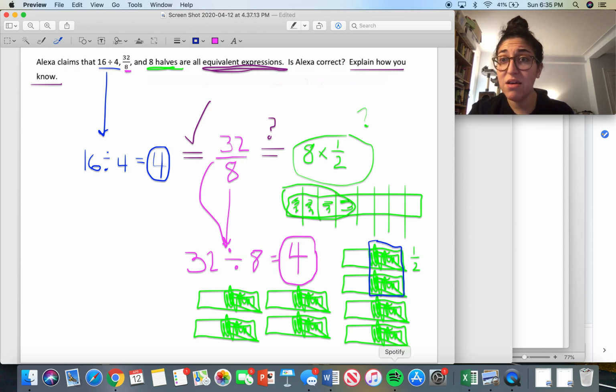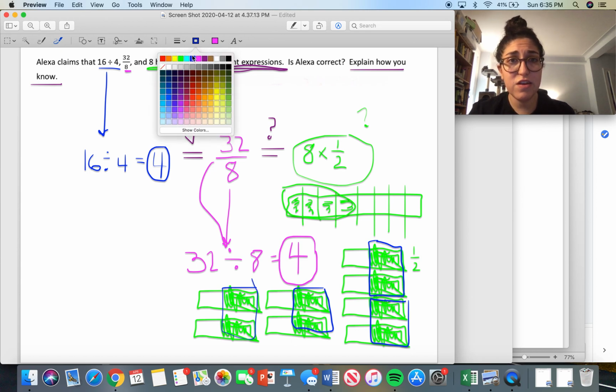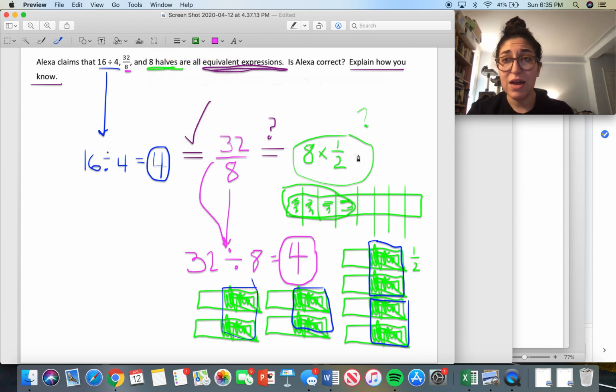So how many wholes would I end up with if I have 8 halves? I'm going to end up with 4 wholes. So again, I see that 8 times 1 half is 4, and I can show you that 2 different ways.